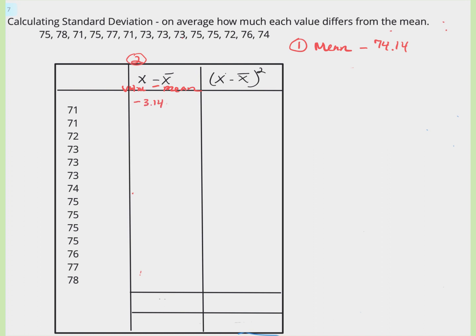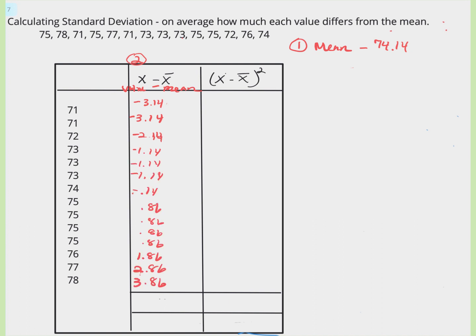And I know if I have another 71, it's going to be that same value, negative 3.14. I'm going to do 72 minus my 74.14. I get negative 2.14, and we're going to continue all the way down. So go ahead and take a minute or two to finish up that.